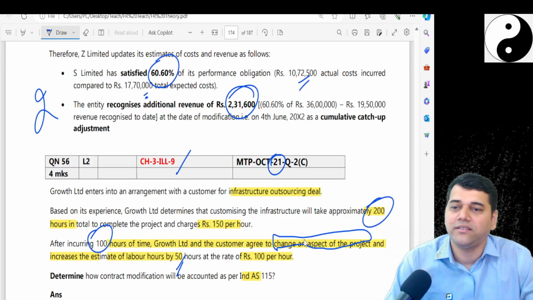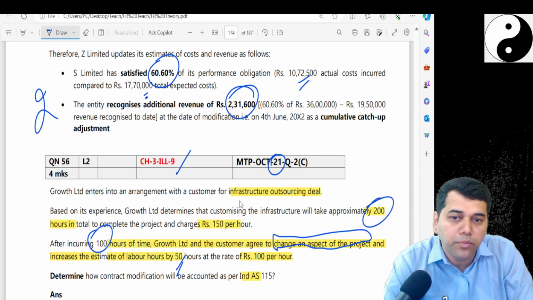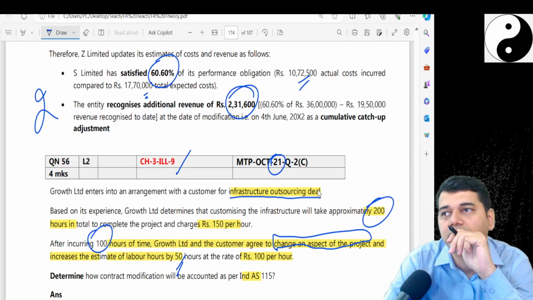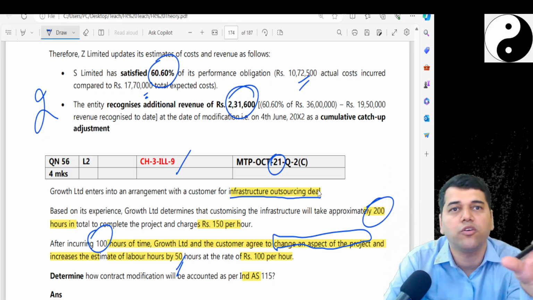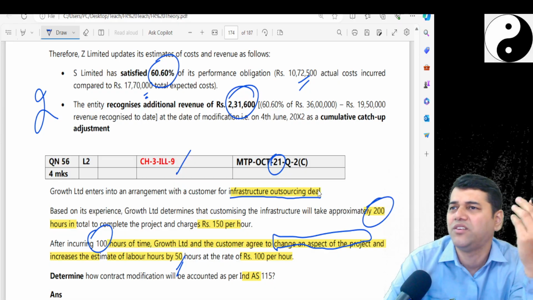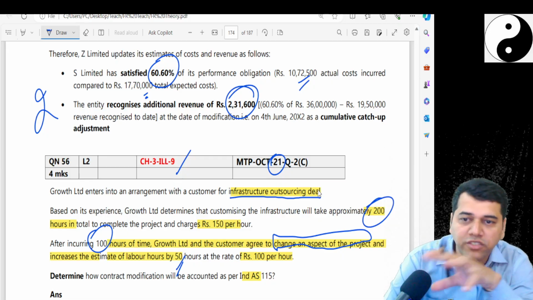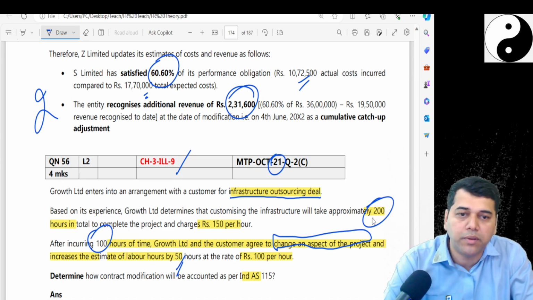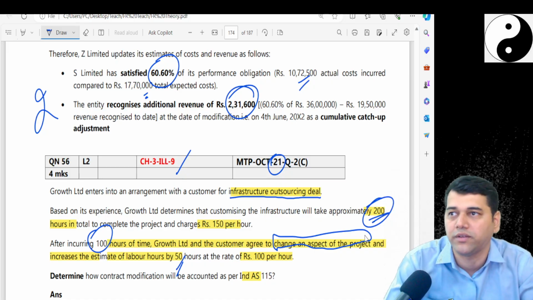No, see, okay, let us understand something like this. Let us try to think practically. What do you mean by infrastructure outsourcing deal? Okay, infrastructure means you have got computer systems. They told, please maintain this computer, update your antivirus, this, that, and all. Now, to do this job, there are some X number of computers or whatever it is. They thought, look, probably we may need 200 hours to complete this upgrade of all the computers.